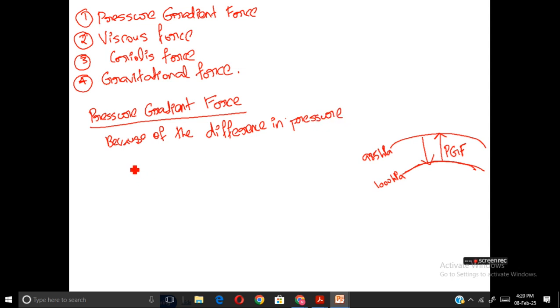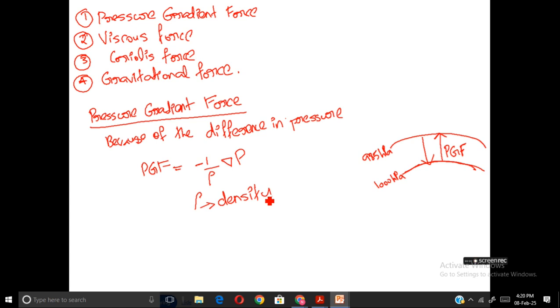So this force basically arises due to the difference in pressure, and the equation of the pressure gradient force is given by minus 1 by rho del P, where rho is the density. The 1 by rho is coming because we are considering the force per unit mass.